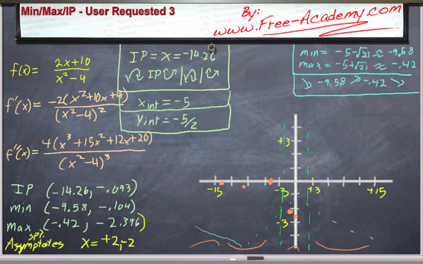So now it's time to actually take a sketch of this, and this can be a little bit of a challenge, but we can do it just the same. My guess is that this is going to decrease really slowly. This is actually going to be pretty much a straight line.